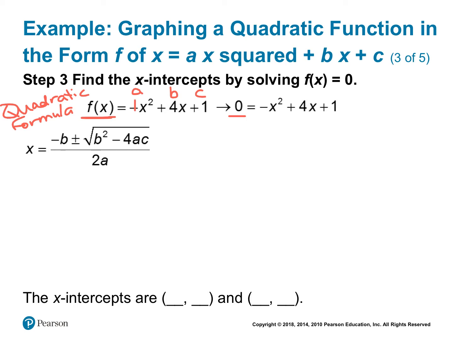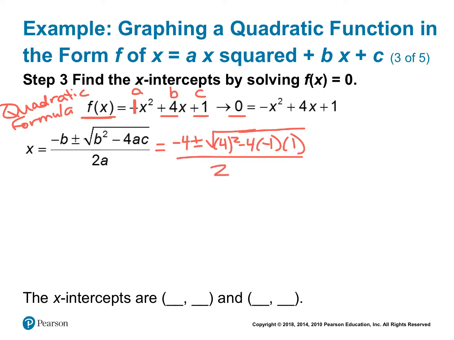So the a is -1. Okay, so let's go ahead and try to solve this. I'd have -b, so that'd be -4 plus or minus the square root of b, which is 4 squared, minus 4 times a, which is -1, times c, which is +1, all over 2 times a, which was -1.